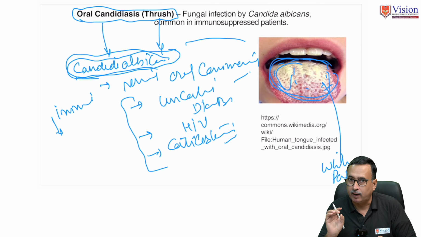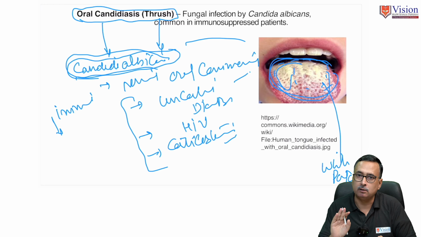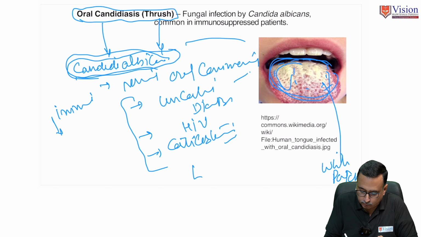So when a white patch in the mouth can be rubbed off, it is almost surely because of fungal infection. It can be differentiated from another white patch which appears in the mouth on the buccal mucosa and labial mucosa, which we call leukoplakia.